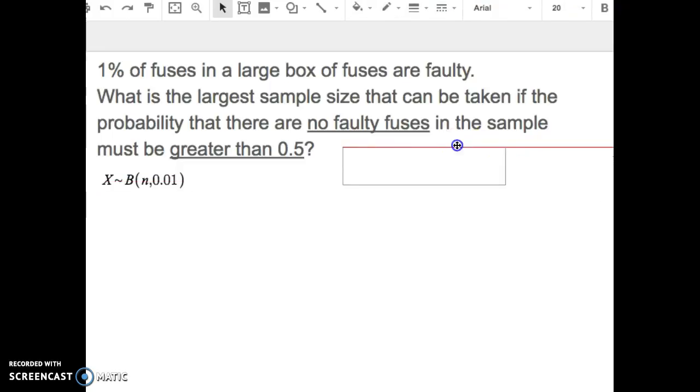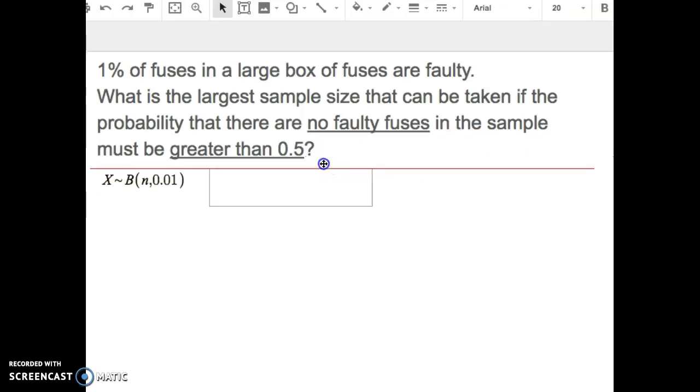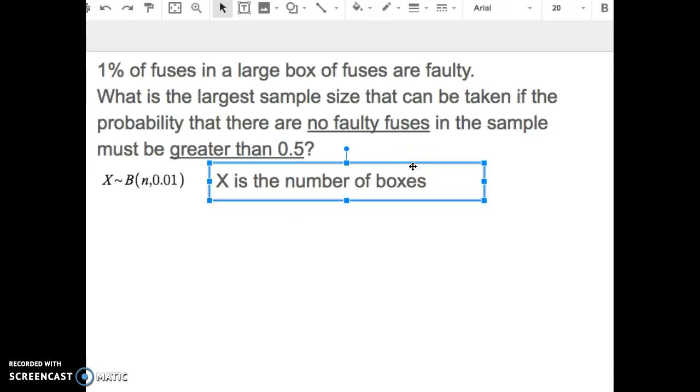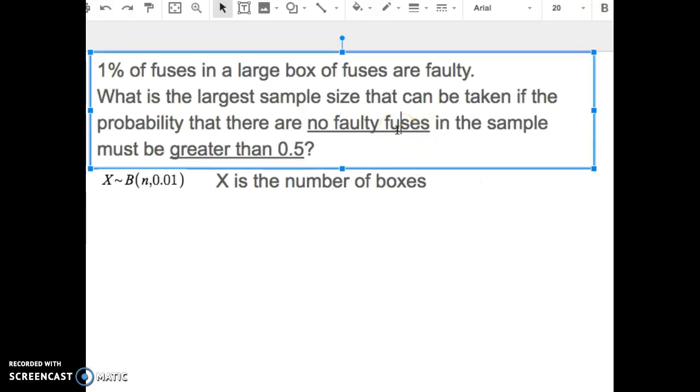In this case, X represents the number of boxes we are going to check, so that the probability that we don't find any faulty fuses in these n boxes will be more than 0.5.